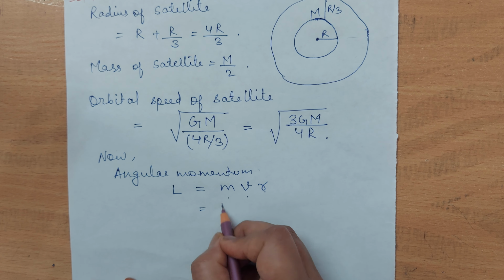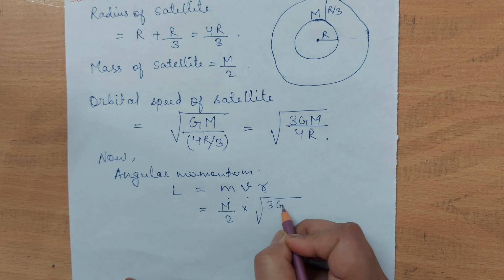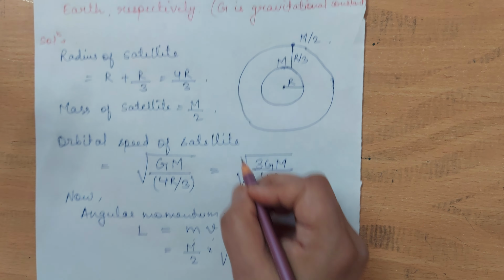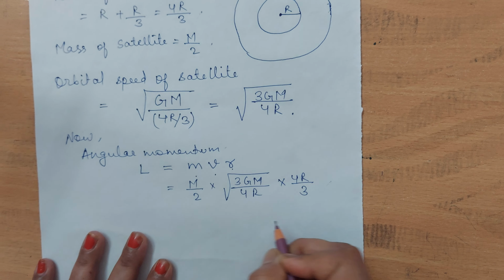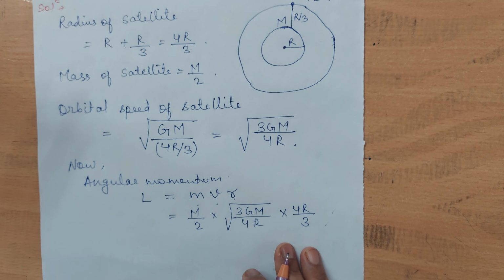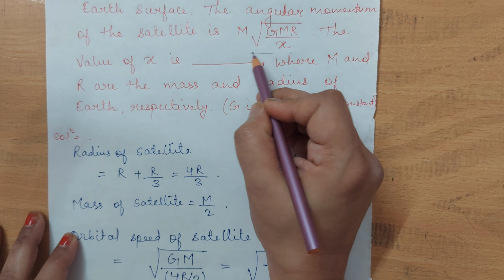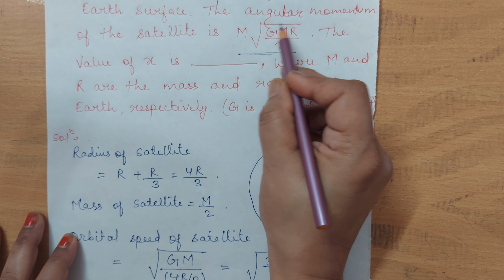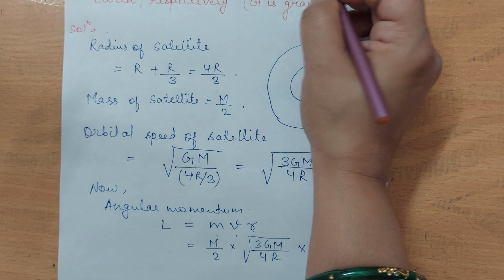Mass of satellite is m by 2, orbital speed is root under 3GM by 4r, and radius of satellite is 4r by 3. Now we have to arrange it such that it is equal to the given M, capital M, root under GMR by x, and we will find out the value of x.